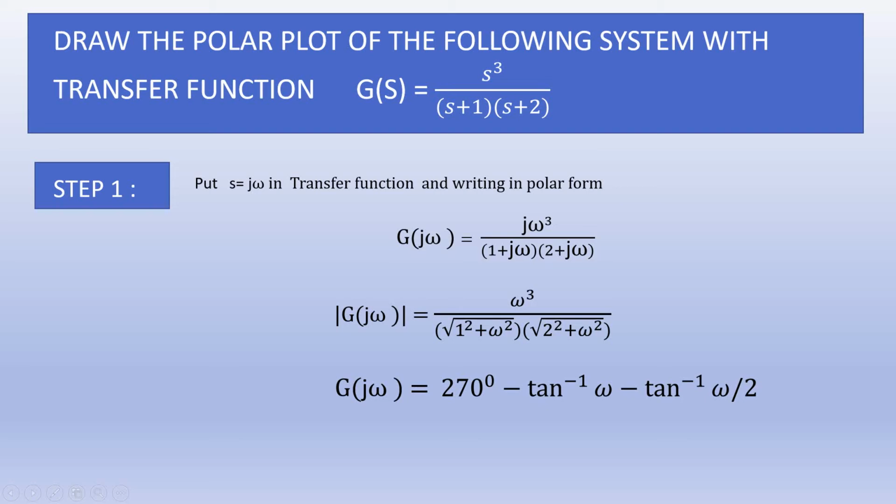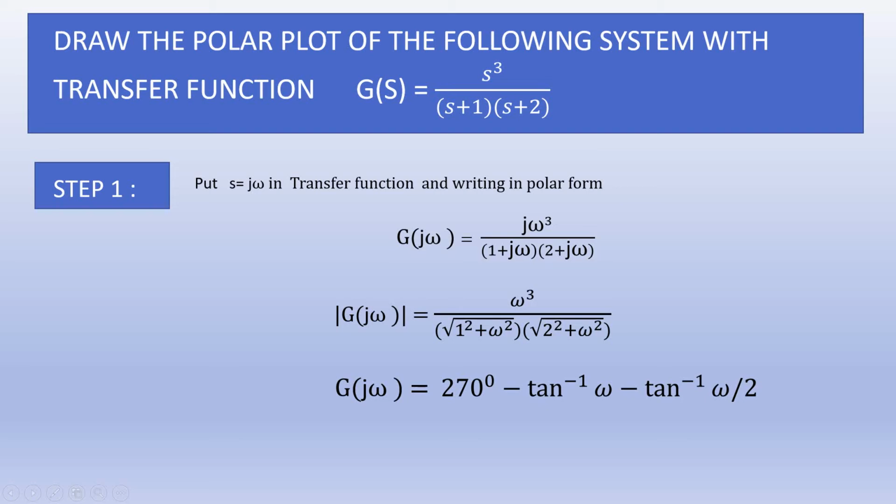If we find out the magnitude of this corresponding frequency response, if we assume that the numerator is a complex number and the denominator is a complex number, then the magnitude of z1 by z2 would be the magnitude of individual complex numbers divided.